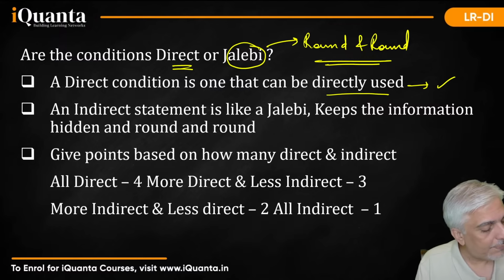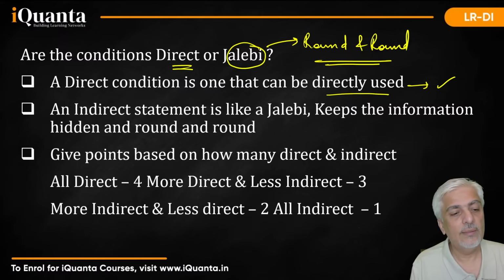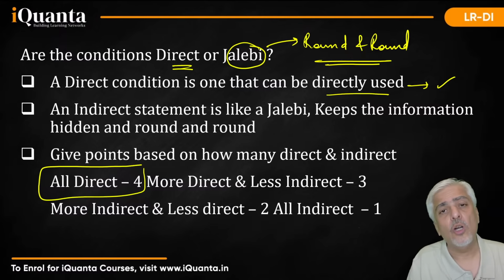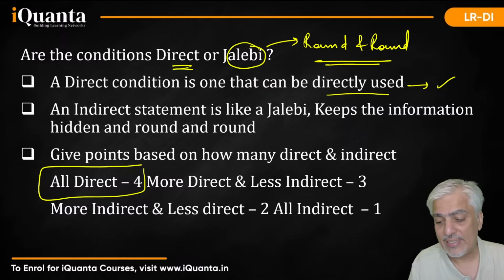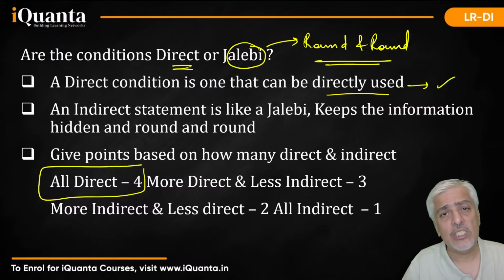Okay, I'm just reading the statements. How do you give points over here? I would give it points like this. All or most direct statements. If you don't follow anything else, even if you follow this part, it is very important.